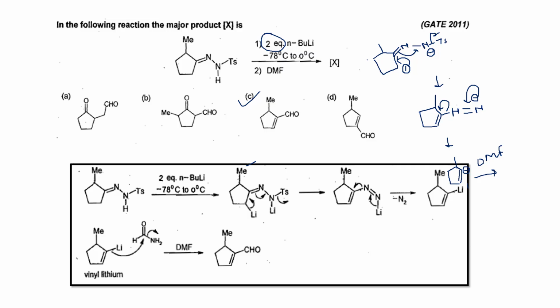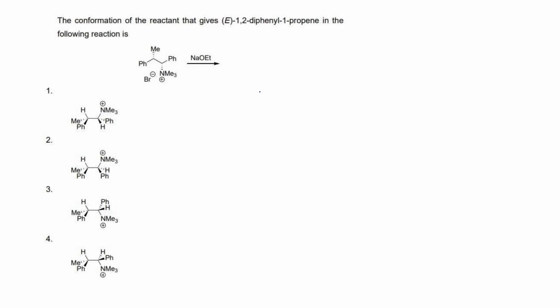Go to the next question. The conformation of the reactant that gives E-1,2-diphenyl propene in the following reaction. So to get an E-diphenyl propene, these two phenyl groups, so the product is this.